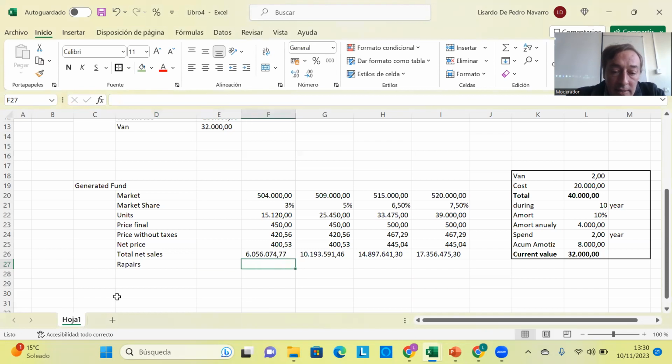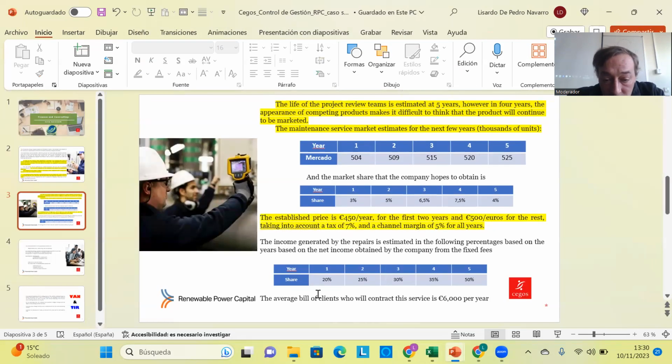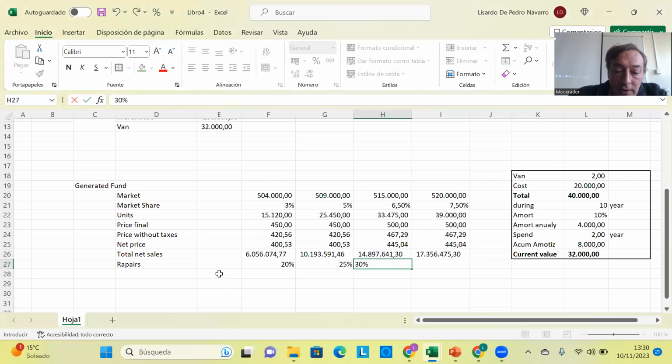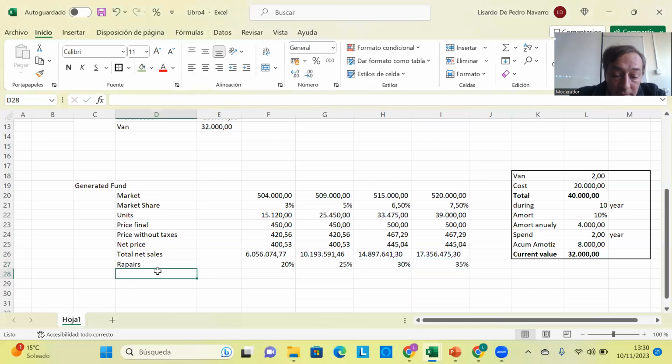For the first years it is 20%, 25%, 30%, 35%.